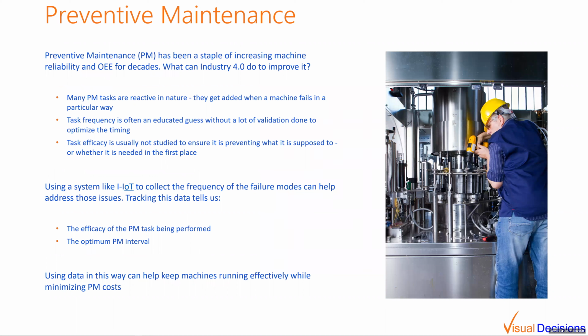Preventive maintenance and being able to look at those PM tasks, essentially the same thing that we just talked about with autonomous maintenance, but higher level tasks around preventive maintenance, where you have the maintenance person that's responsible for those. All the things that I just talked about in terms of autonomous maintenance apply here as well.